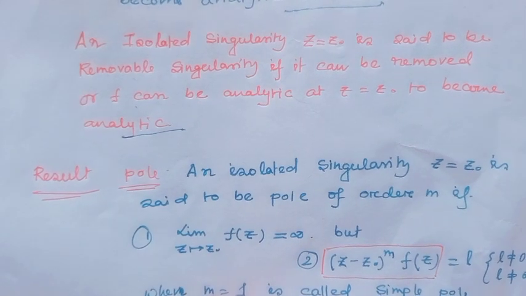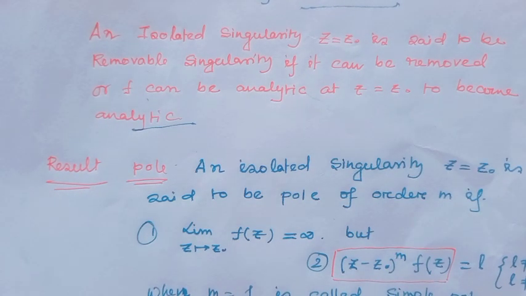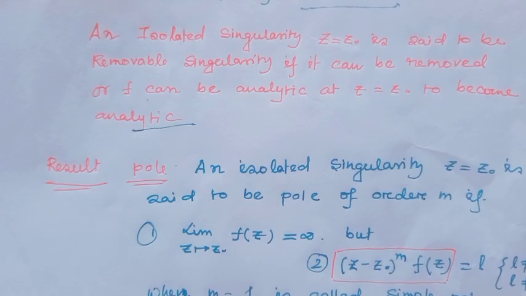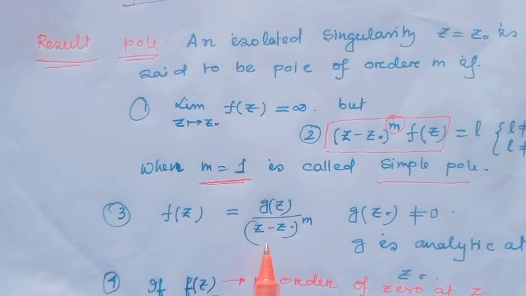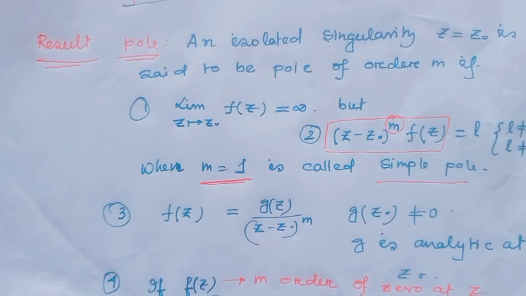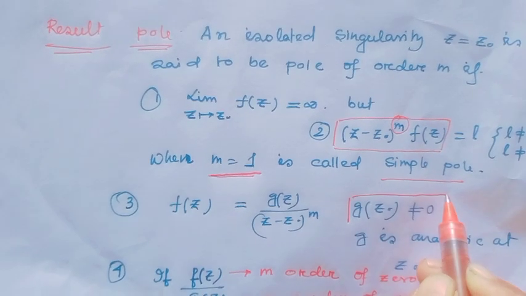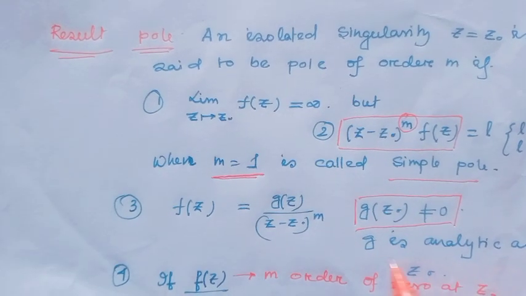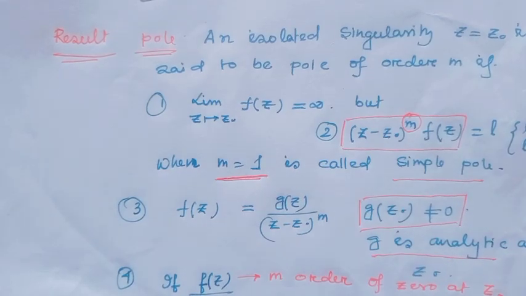When M equal to 1 it is called a simple pole, M being the order of the pole. If F(Z) equals G(Z) over (Z minus Z naught) to the power M, where G(Z naught) is not equal to 0 and G is analytic at the point Z naught, then F has a pole of order M.